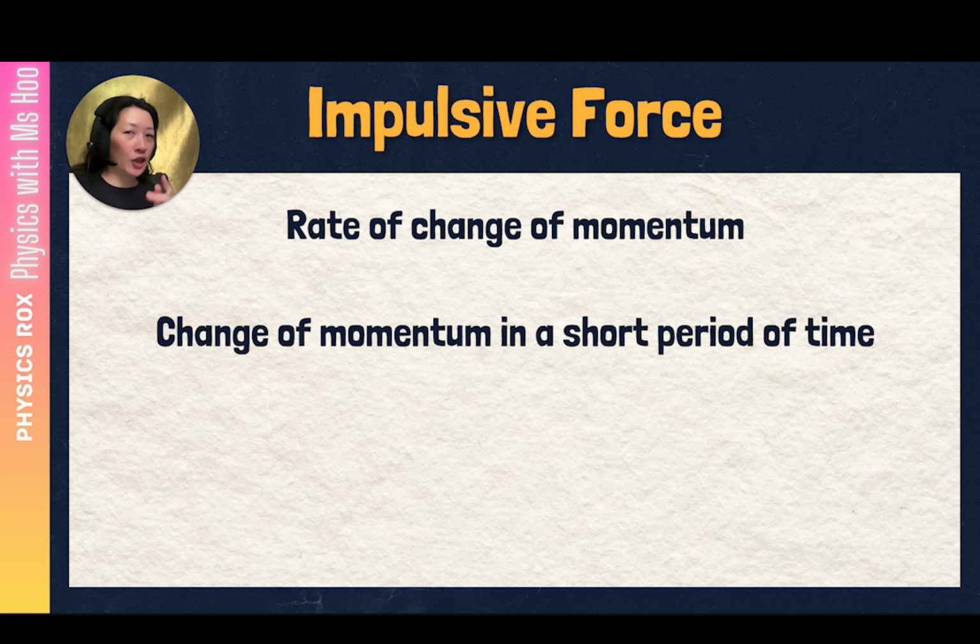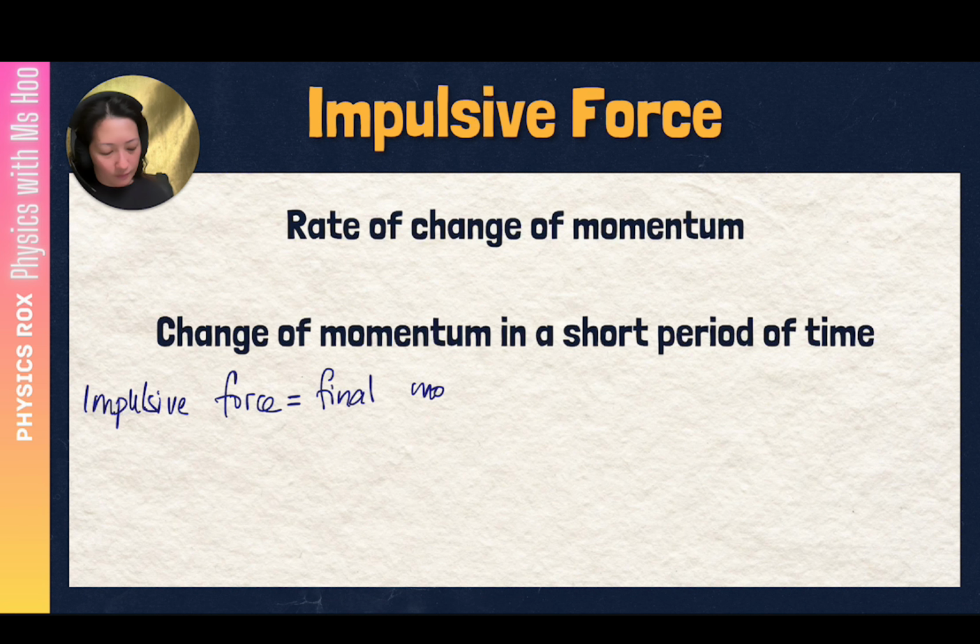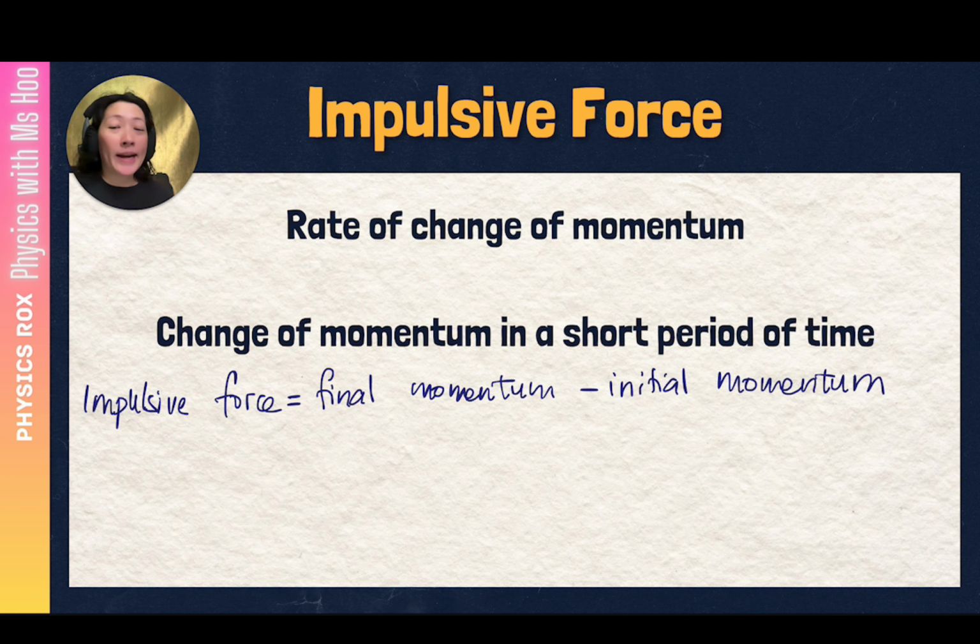Now we know that the change of momentum is the final momentum minus the initial momentum. Rate means over time.